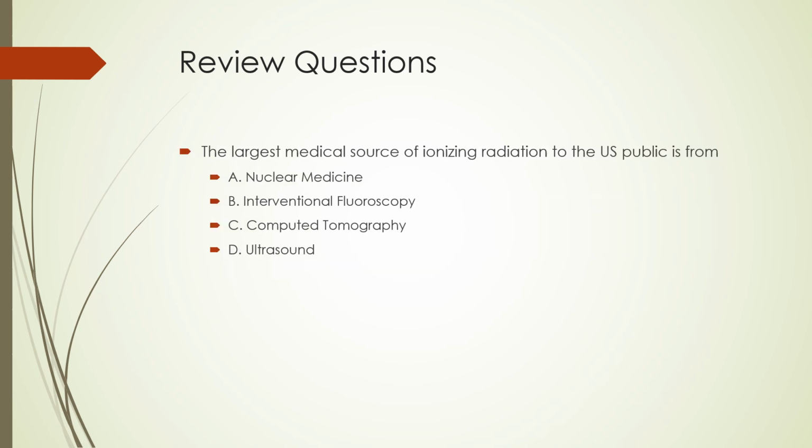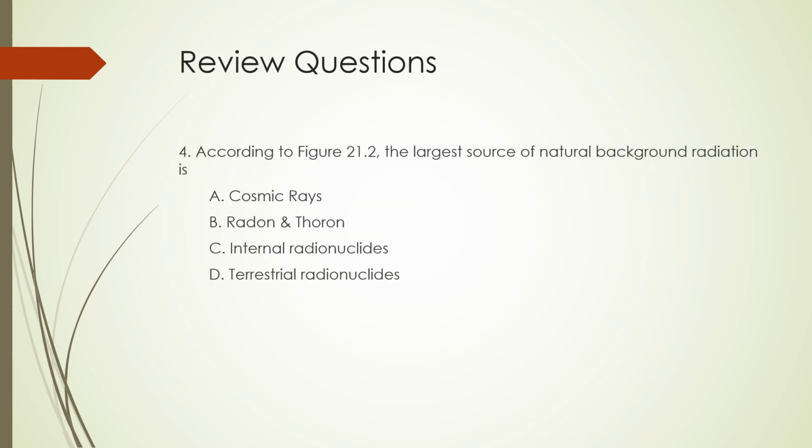Next question. The largest medical source of ionizing radiation to the US public is from, and your choices are: first choice, nuclear medicine. Second choice, interventional fluoroscopy. Third choice, computed tomography. Fourth choice, ultrasound. The correct answer is computed tomography. Next question.